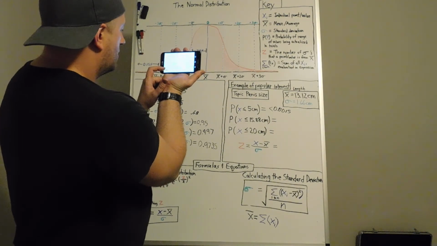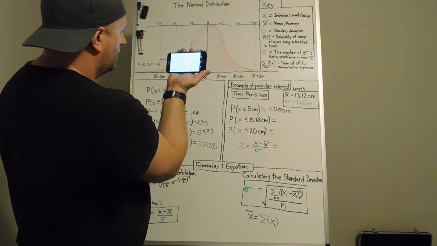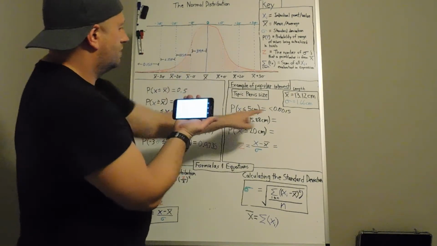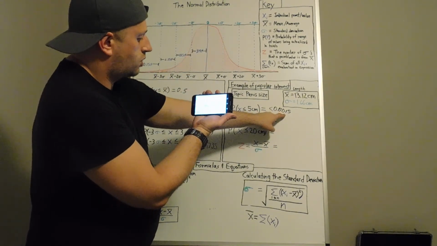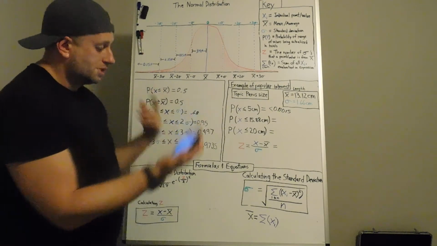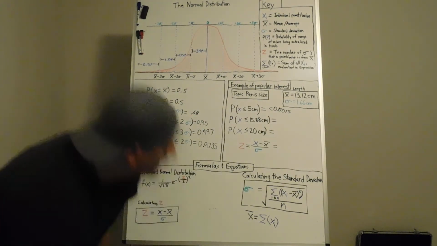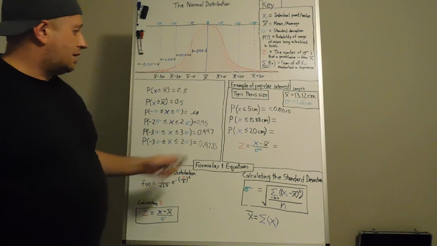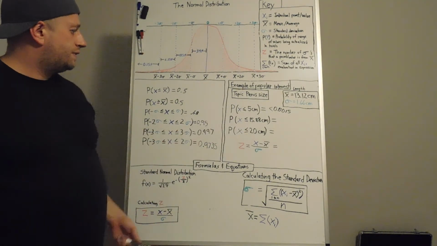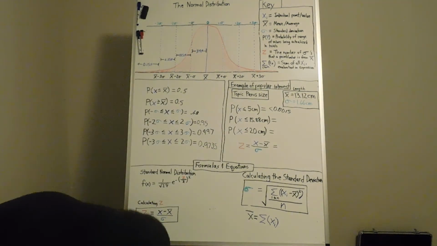I don't think it even goes that low. Yeah, it's less than what this says, 0.02. It doesn't even go below that. So it's really, really low, extremely rare. And that's that. So how about if it's 15.88 centimeters?